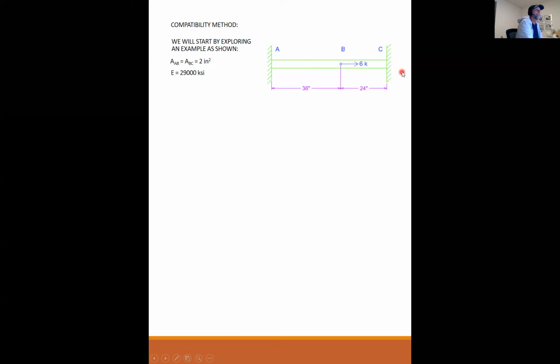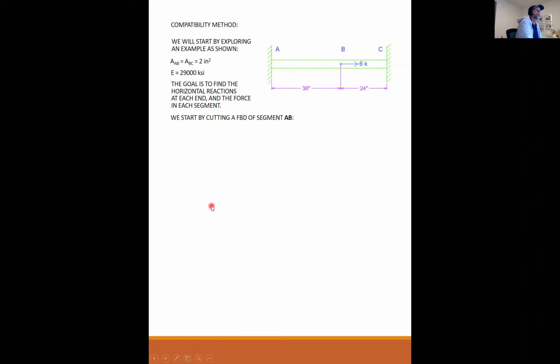This is going to be a steel rod, so the modulus is 29,000 ksi. The goal then is to find horizontal reactions at A and C and to find the force in each segment. What is the force from A to B? What is the force from B to C?